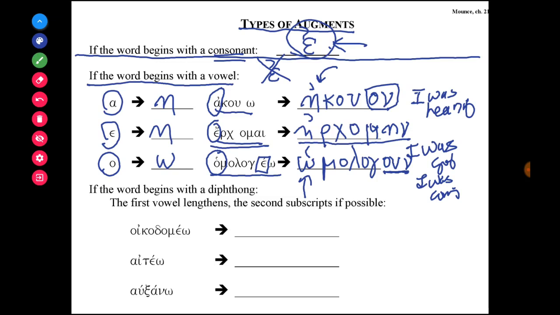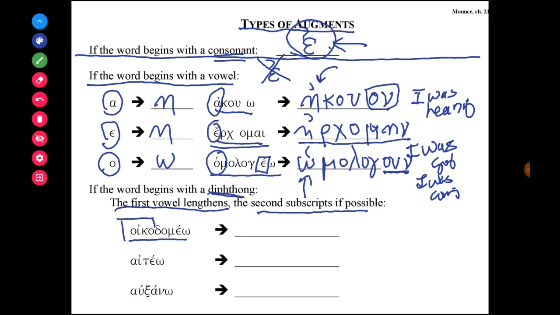So if the word begins with a diphthong, however, and not just a single vowel, the first vowel lengthens, and if the second vowel can subscript, do it. So for oikodomeo, which means I build, you can see the word oikos, for example, in this verb form. But oikodomeo means I build or I edify.